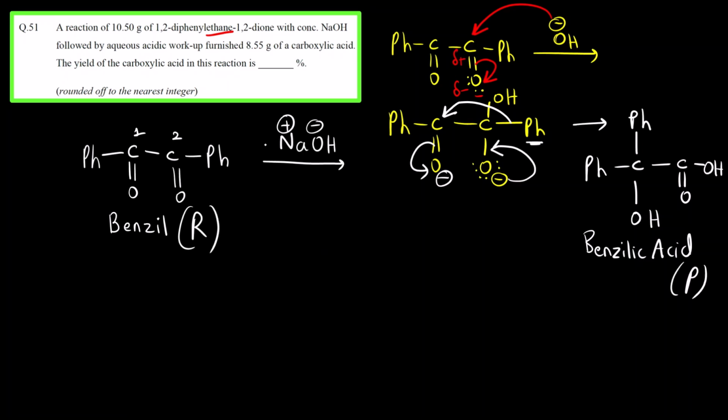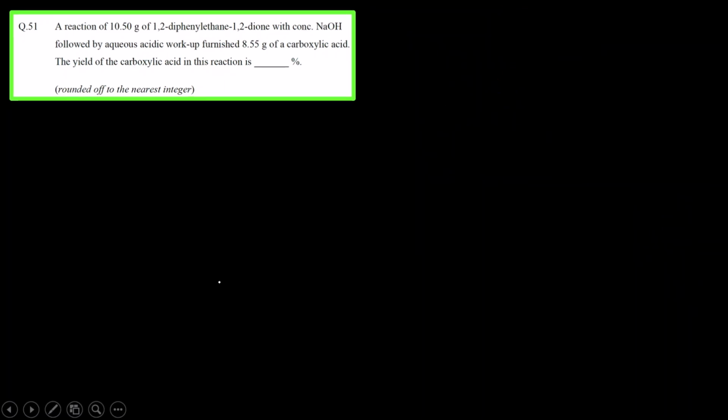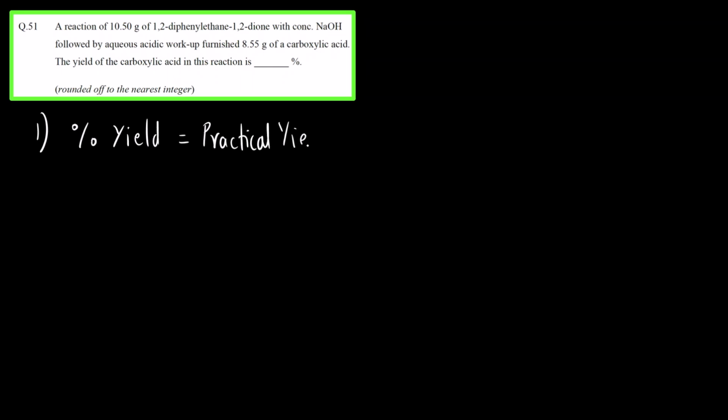To calculate the percentage yield, let us see the steps. What is the formula for calculating the percentage yield? Percentage yield is practical yield, or we can say experimental yield, divided by theoretical yield, multiplied by 100.